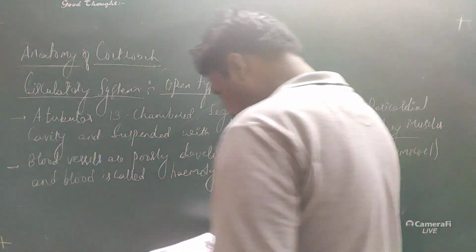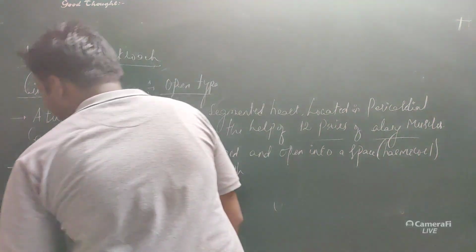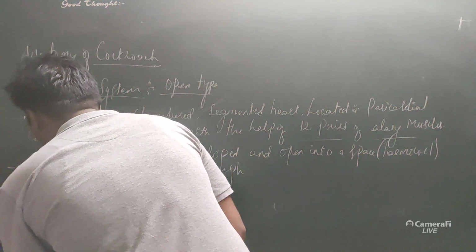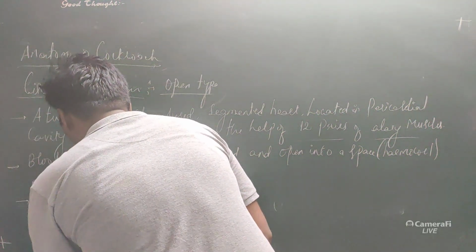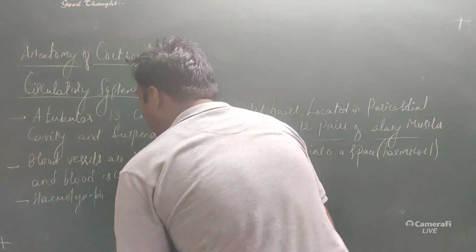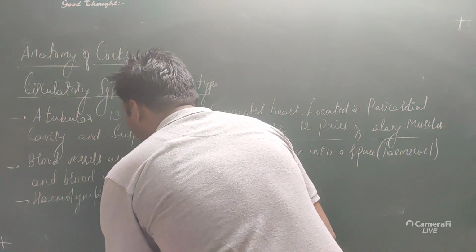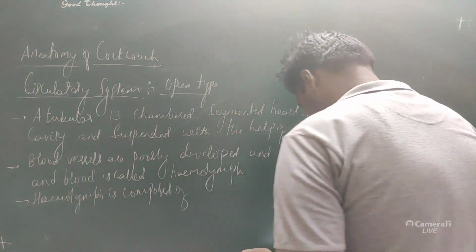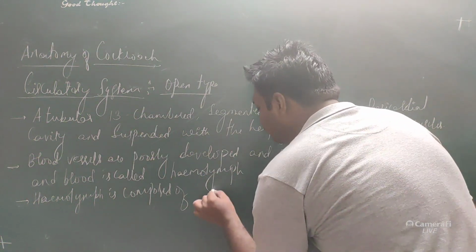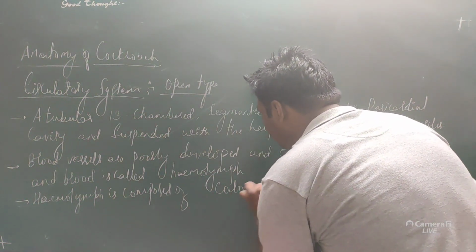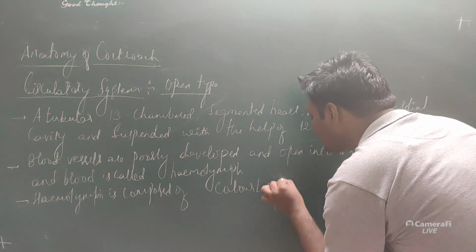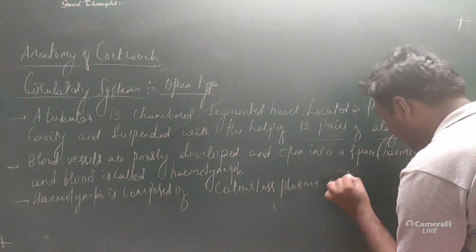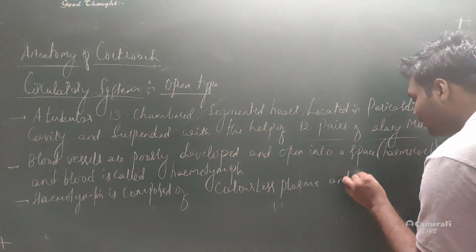The next, hemolymph is composed of colorless plasma and hemocytes.